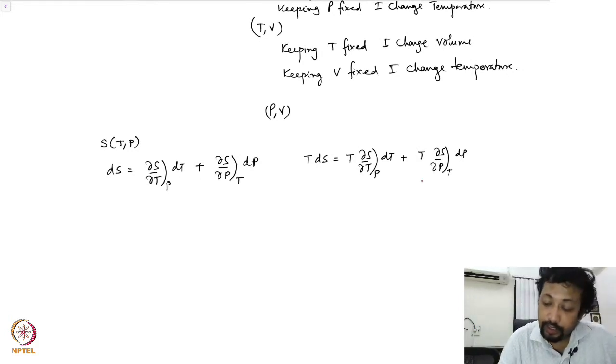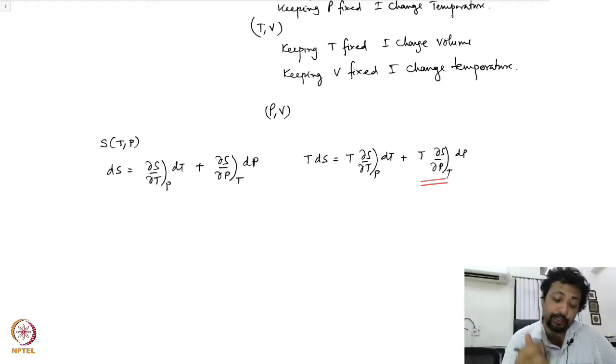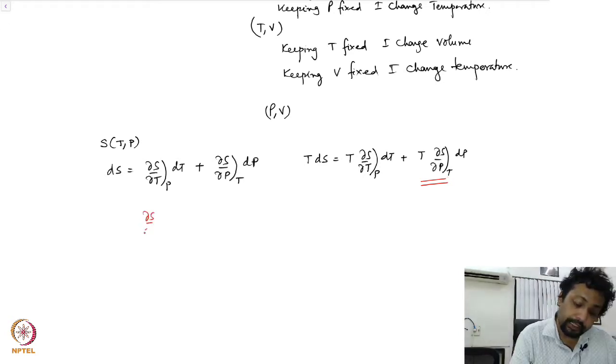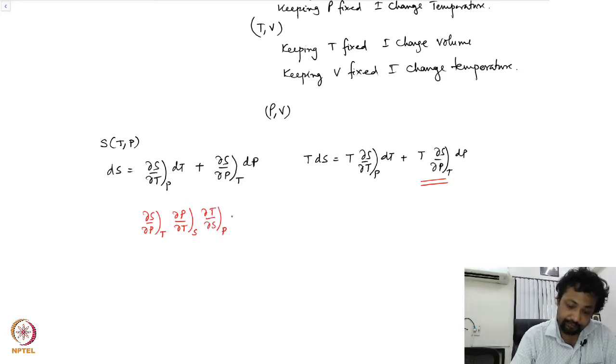Now I have to figure out how to evaluate this. One possible way would be to write del S del P at constant temperature as del P del T at constant entropy times del T del S at constant pressure, equal to -1, correct?